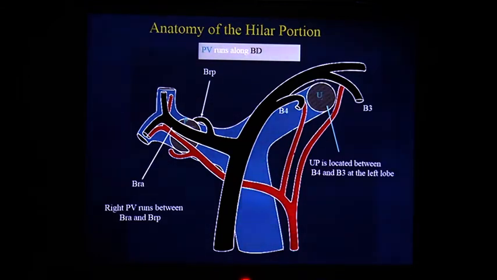So anatomy in this area is very critical, and assessment of the involvement of various structures is the key in defining whether the tumor is resectable and what kind of procedure has to be performed.